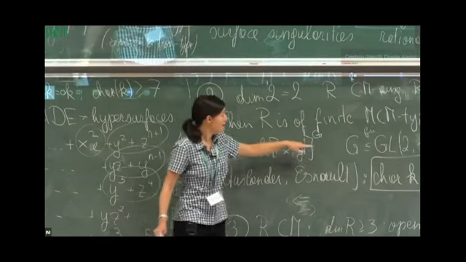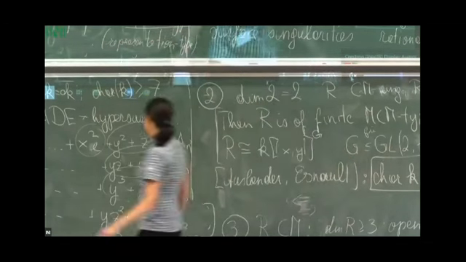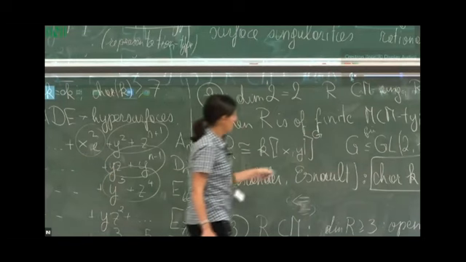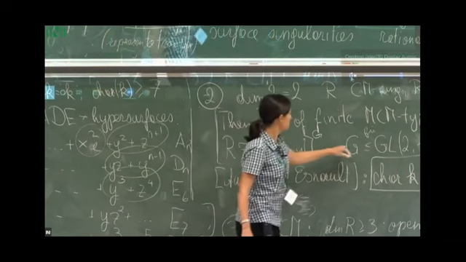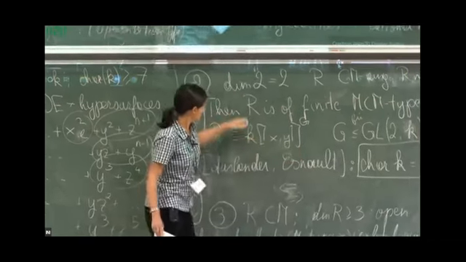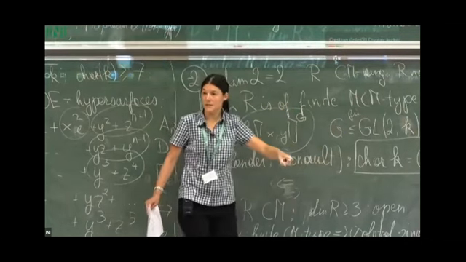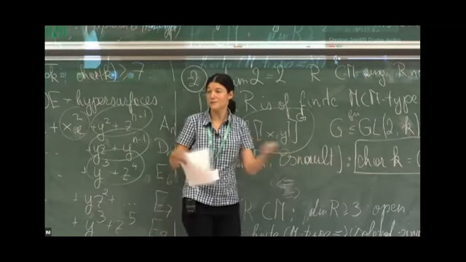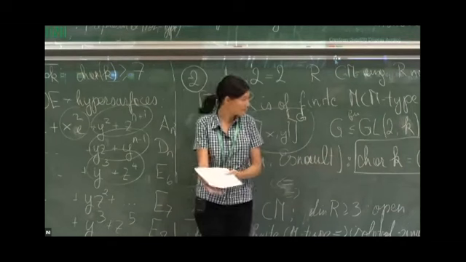And in particular, if this G is in SL2, then it will give you the Kleinian surface singularities. And then the McKay correspondence tells you that the maximal Cohen-Macaulay modules over this invariant ring are in one-to-one correspondence with the irreducible representations. So you get as many of these maximal Cohen-Macaulay modules as irreducible representations.